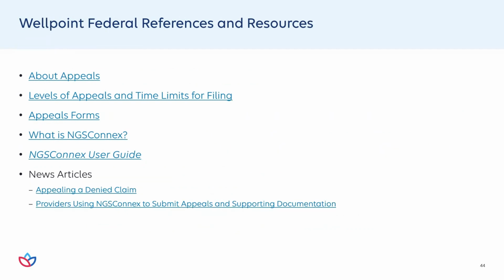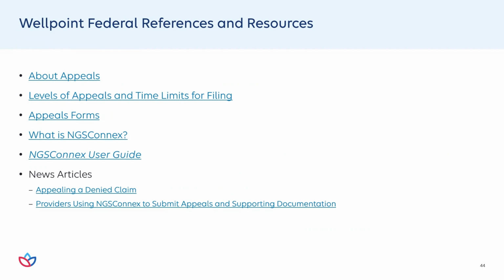WellPoint Federal resources and references. So we have a whole appeals section on our website. That's going to be your first hyperlink. For specific information about the levels of appeal and time limits for filing, that's a section within the appeals section, if that makes sense. Appeals forms are directly hyperlinked for you.